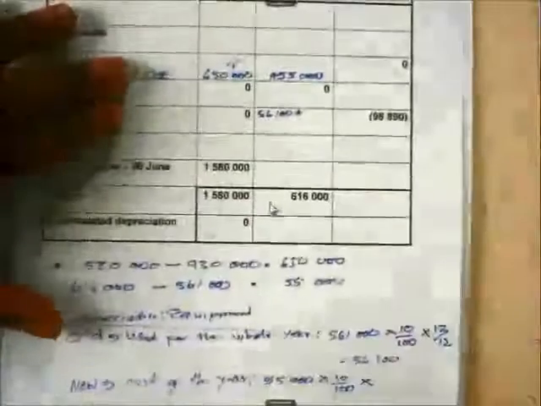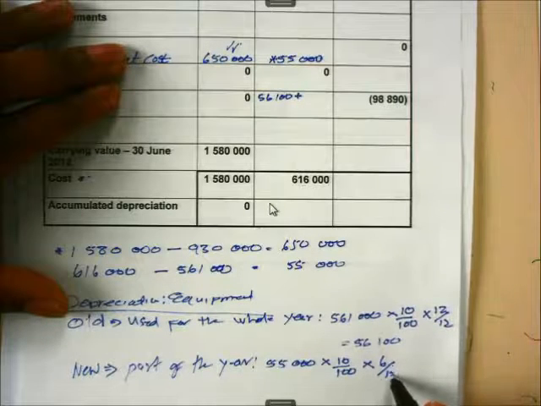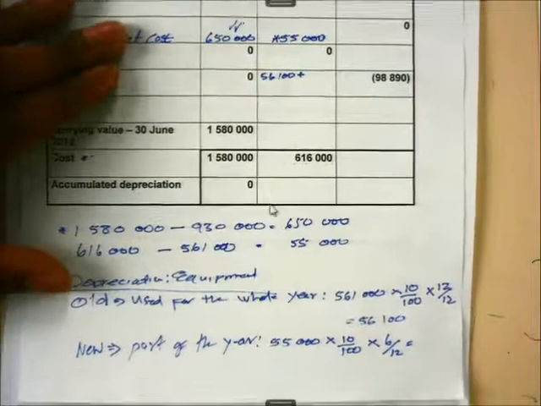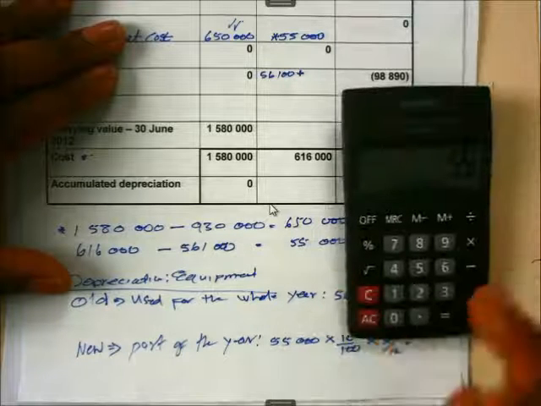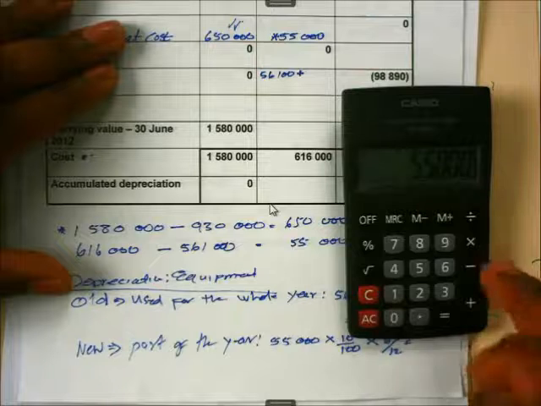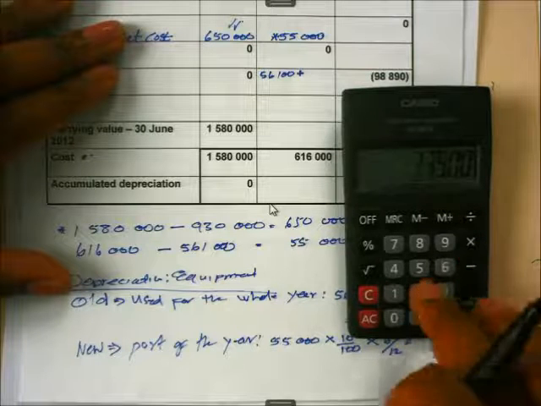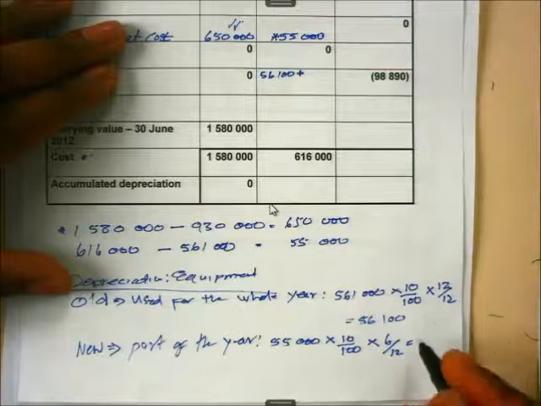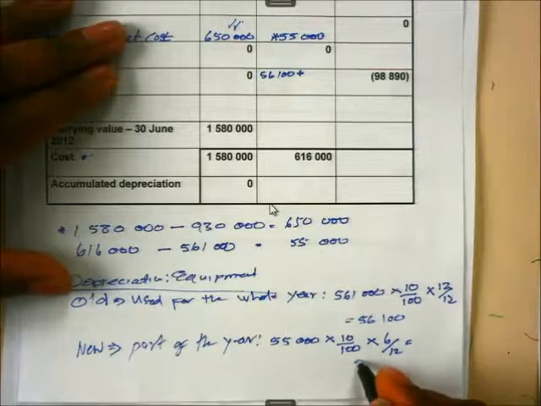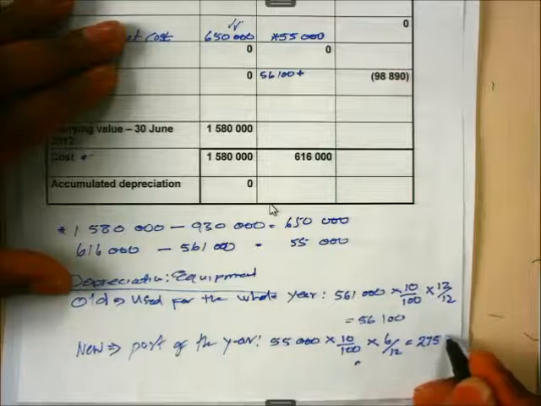Therefore, we need to multiply by 6/12. Then you'll have 55,000 multiplied by 10%, multiplied by 6 divided by 12. You will have 2,750.